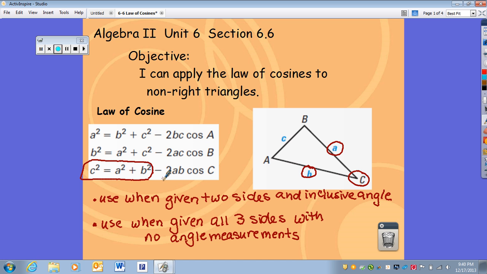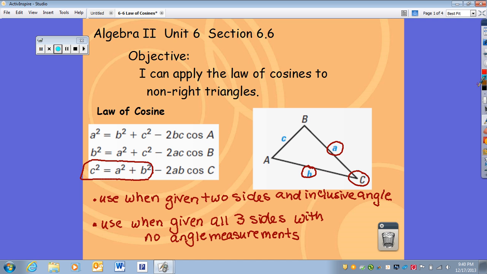But because it is a non-right triangle, we do have to do a couple of other things. We have to subtract 2 times AB. In other words, no matter what sides you are given, you're going to square both of them, and then subtract 2 times each of them. And then you multiply that by the cosine of the angle that is included.